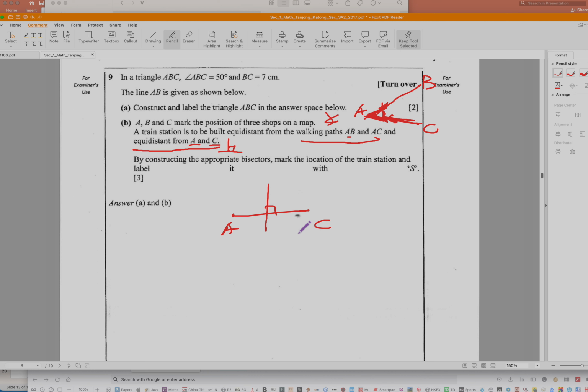Then from, is it another angle? No, you never change the size of that.